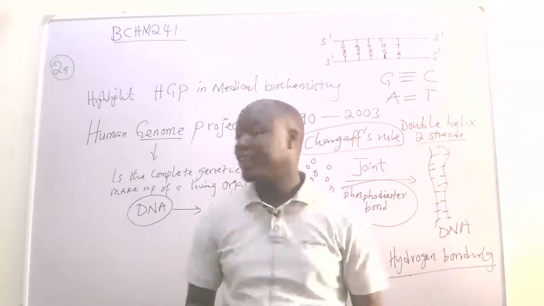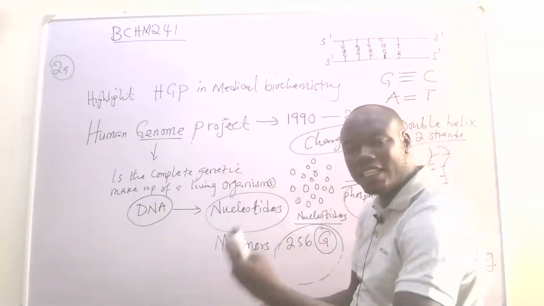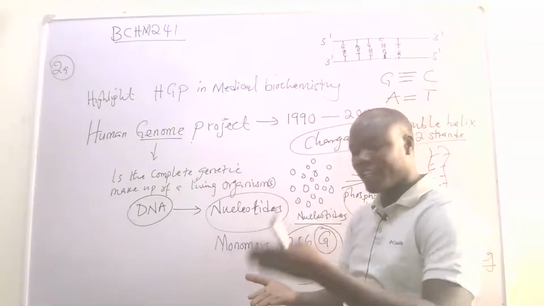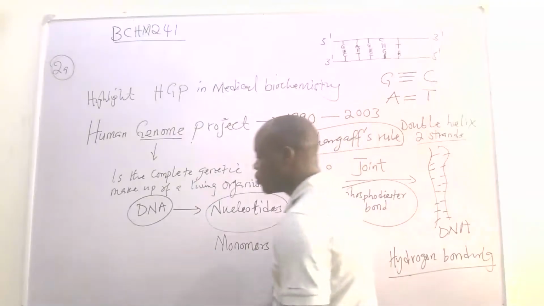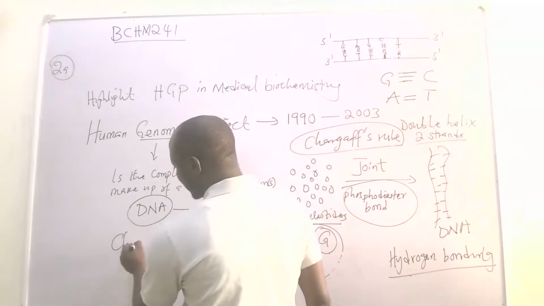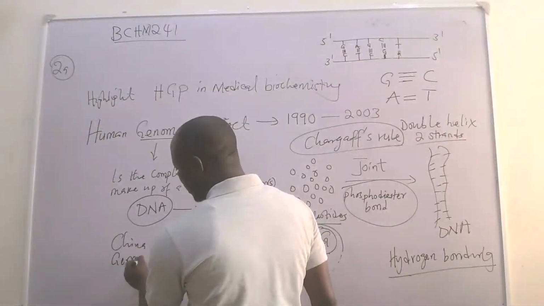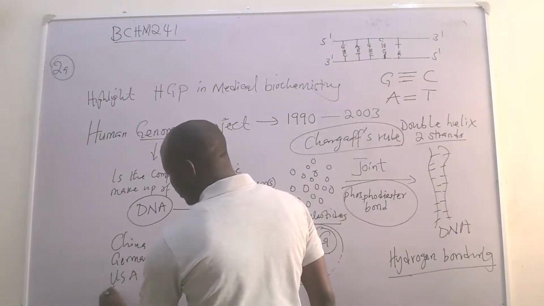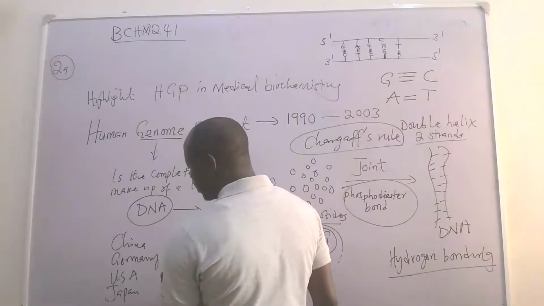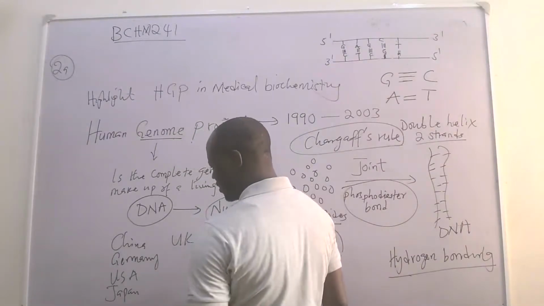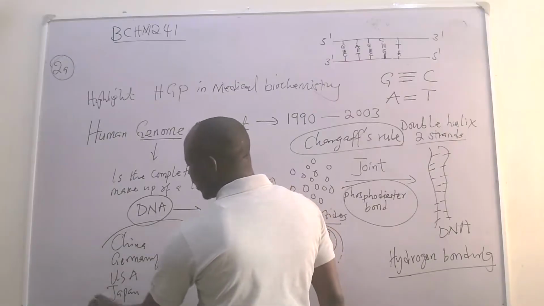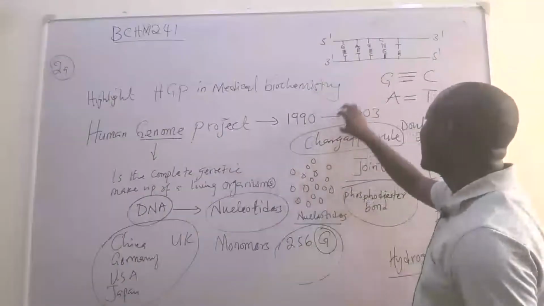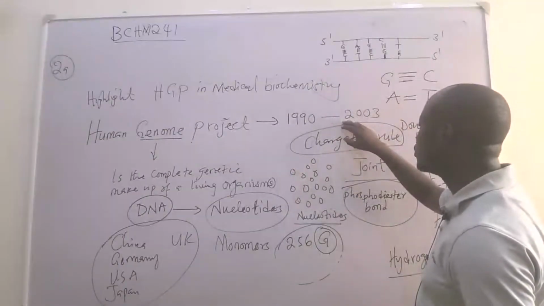So they had to cut the DNA into 5 fragments. Some were taken to China, some to Germany, some to the USA, some to Japan, and the other to the UK. These are the 5 countries where they sequenced the Human Genome, and they started in 1990 and completed the project in 2003.